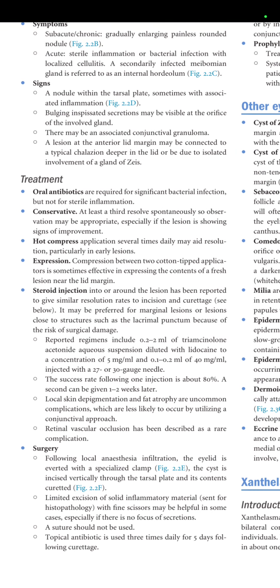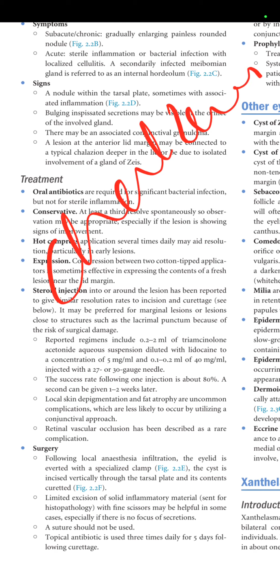So, how do we do the procedure? We have basically a chalazion clamp and a curette that we use in chalazion removal. The chalazion clamp is used to evert the eyelid and secure it. When the eyelid is everted, you will see the conjunctival part of the chalazion, and you can identify it with the conjunctival granuloma.